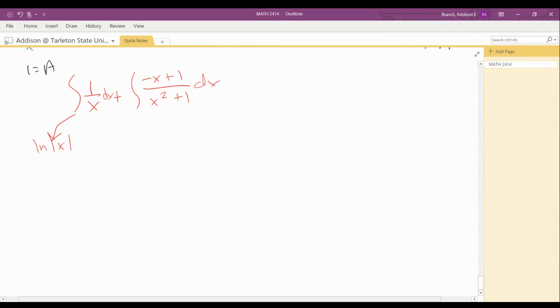This second piece is not as fine because we can't do our u-sub, and it's kind of wonky.